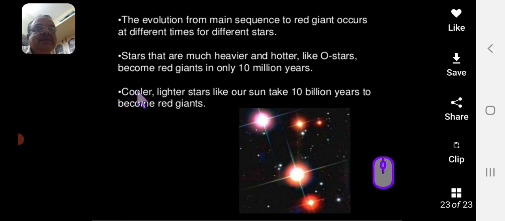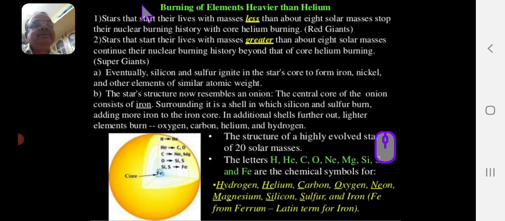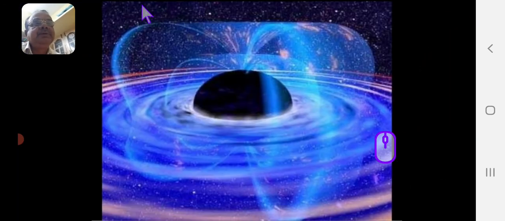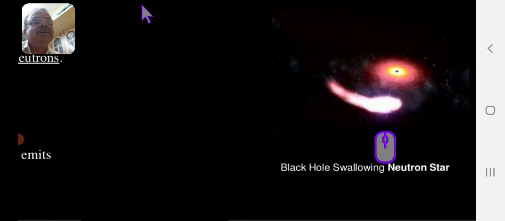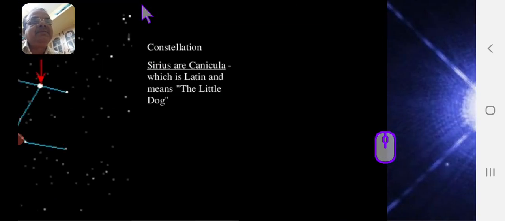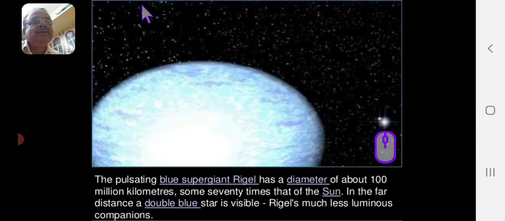Cooler, lighter stars like our sun take about 10 billion years to become red giants. So that is the evolution of the stars. From the evolution of the stars, we conclude that there is a birth and death of a star in the universe.